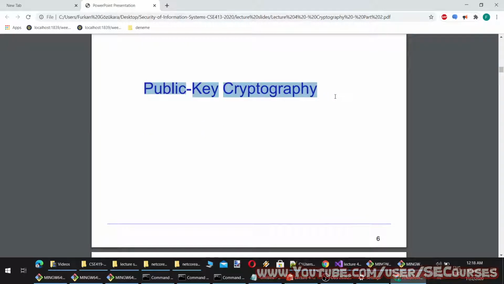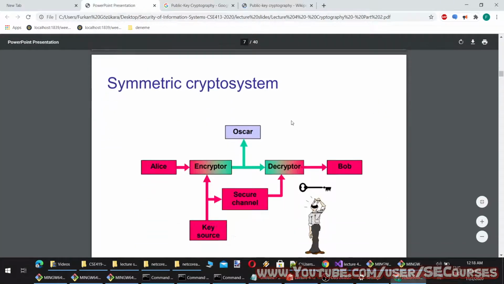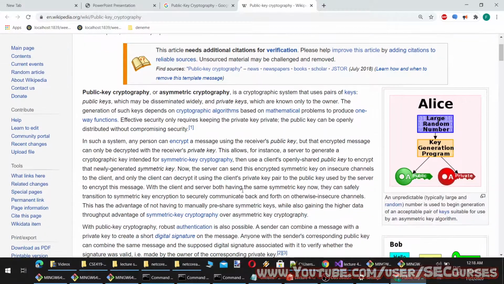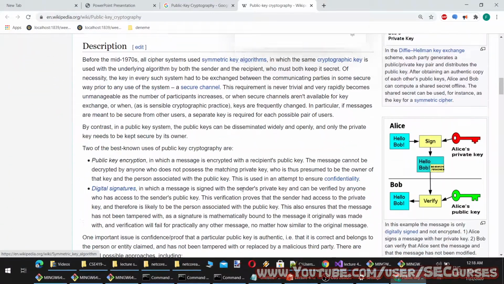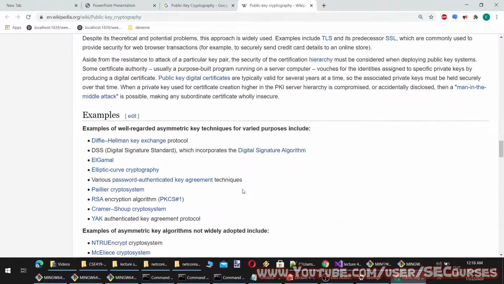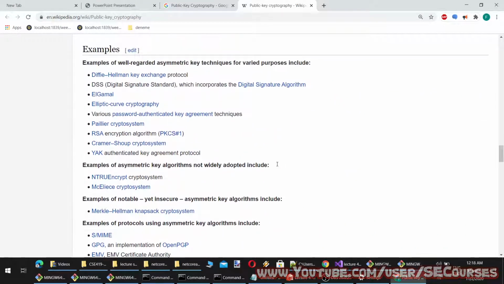So public key cryptography. This is really important, and this is what we use in modern communication. Public key cryptography is the source of HTTPS also.